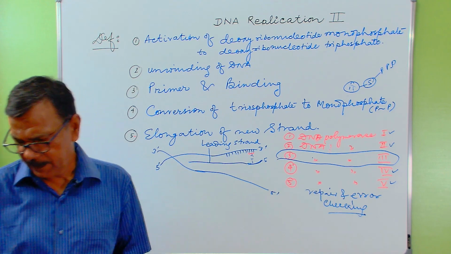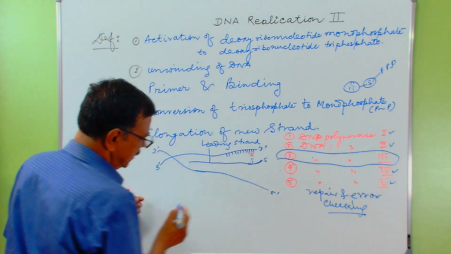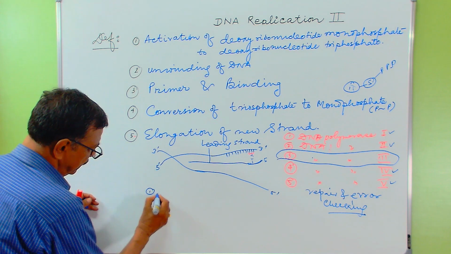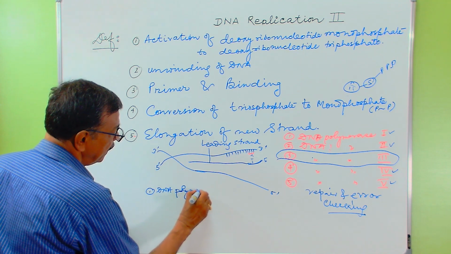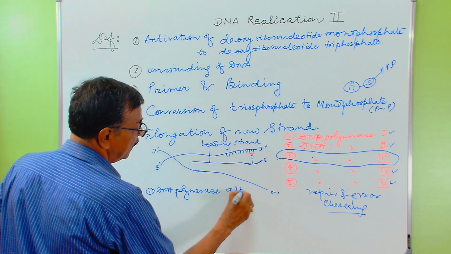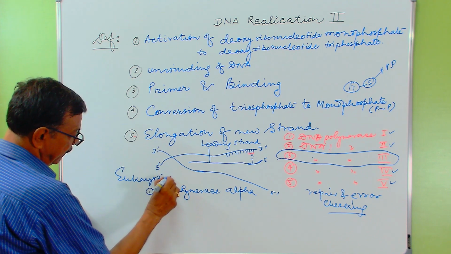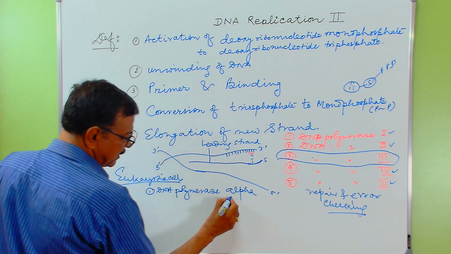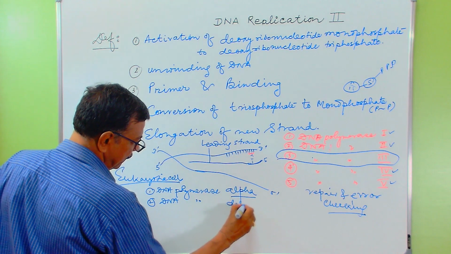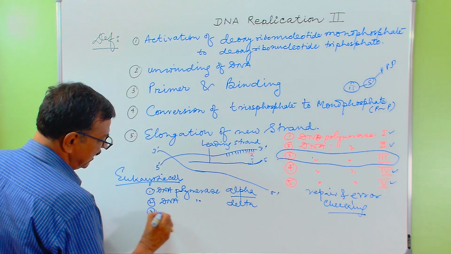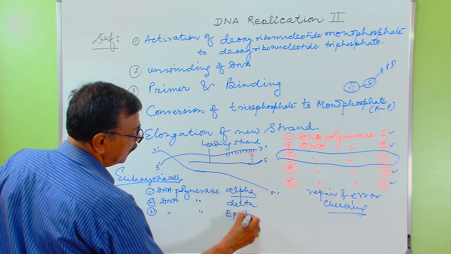In eukaryotic cells, there are other enzymes: DNA polymerase alpha, DNA polymerase delta, and DNA polymerase epsilon.